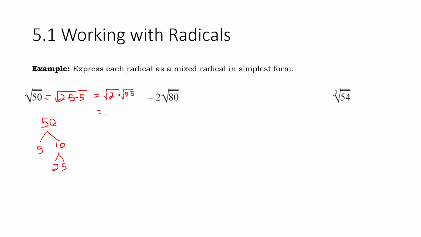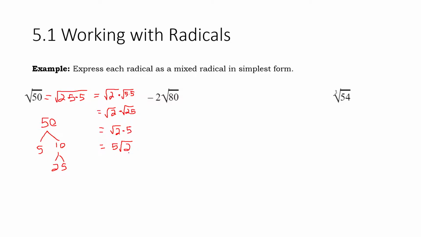We do know that root 5 times 5 is 25, but that's actually a perfect square. That 25 can be simplified to a whole number. So this becomes root 2 times 5. We'll rearrange that to the proper format. You put the 5 as a coefficient.